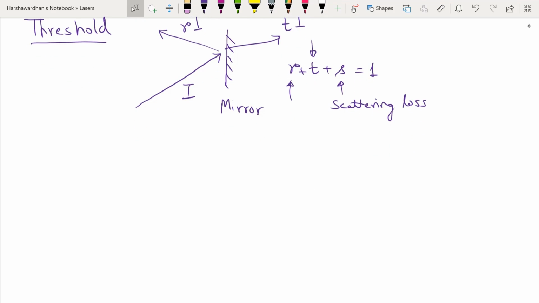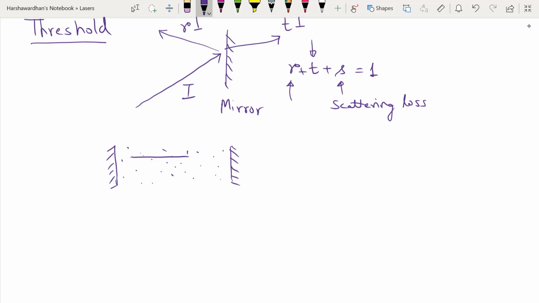So what I'm doing is the following. I'm saying that I have two mirrors, and the gain medium completely fills the region between these two mirrors.